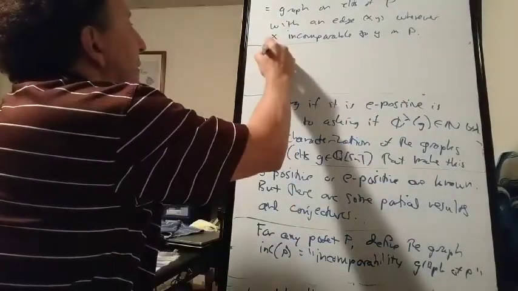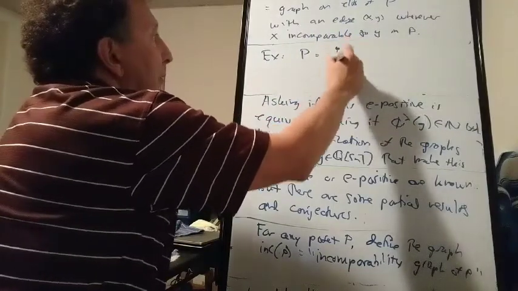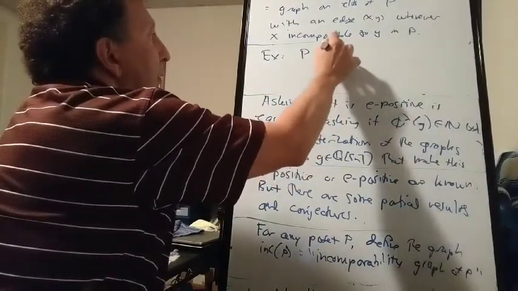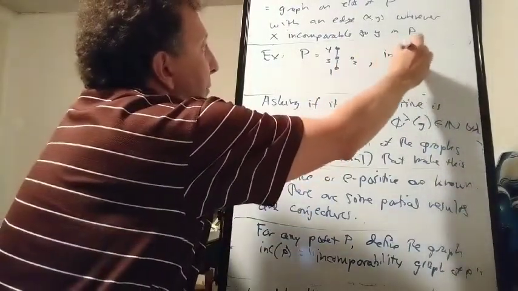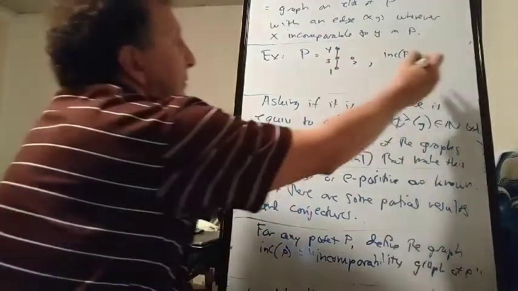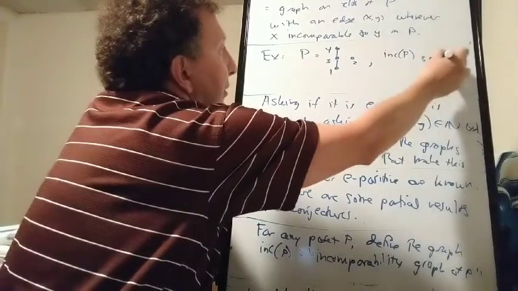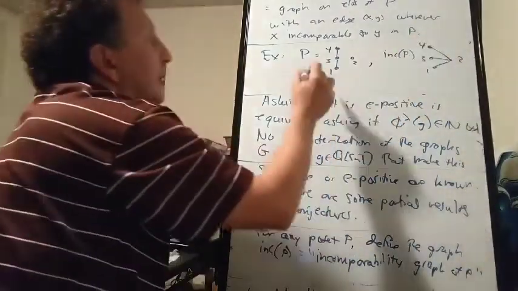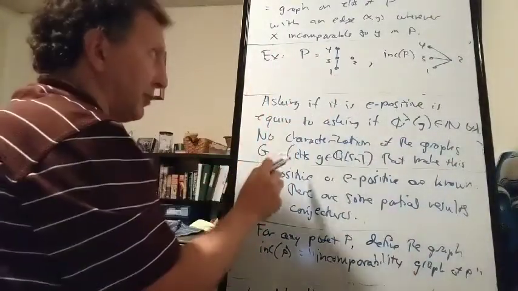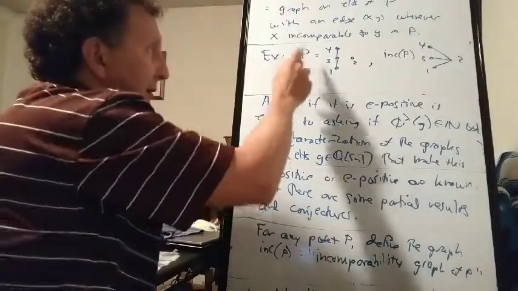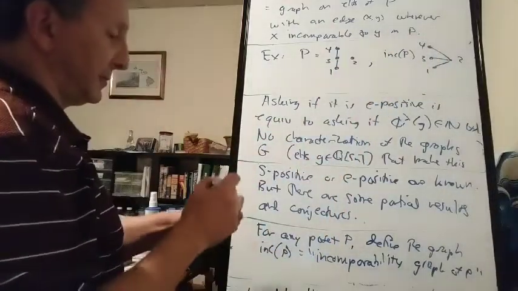So for example, if P is this poset, then the incomparability graph of P is: 2 is incomparable to 1 and 3 and 4. 1, 3, and 4 are all comparable to each other. 1 is less than 3, 3 is less than 4. So this is the incomparability graph.